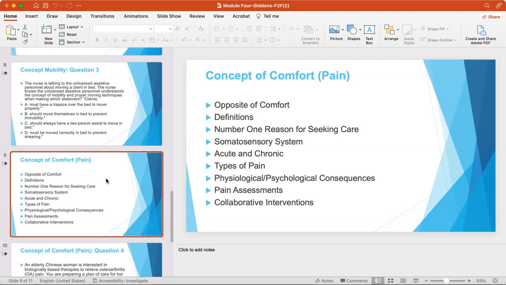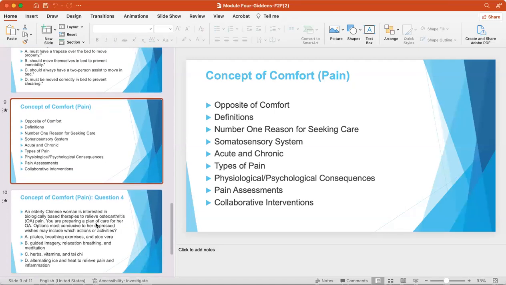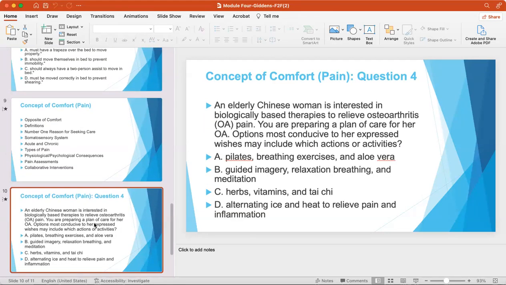Complementary therapy as well. So lots of different scales that we can use to treat pain.